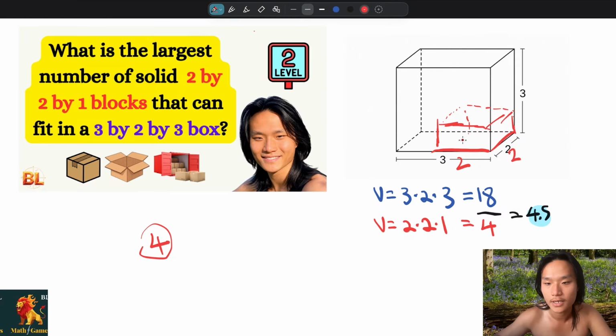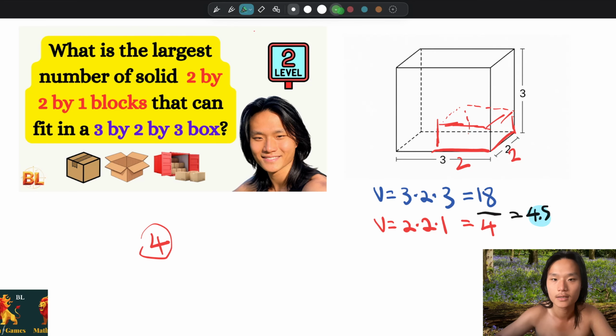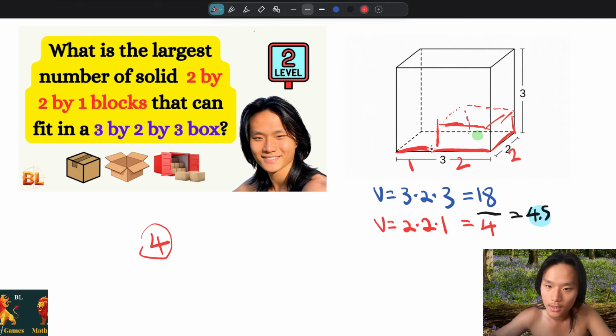And now let's try and fit another block. I'm going to use a highlighter. So this is the first block, okay. And then the second block we can draw here. And this is the 1 side. And then here is the 2 side.